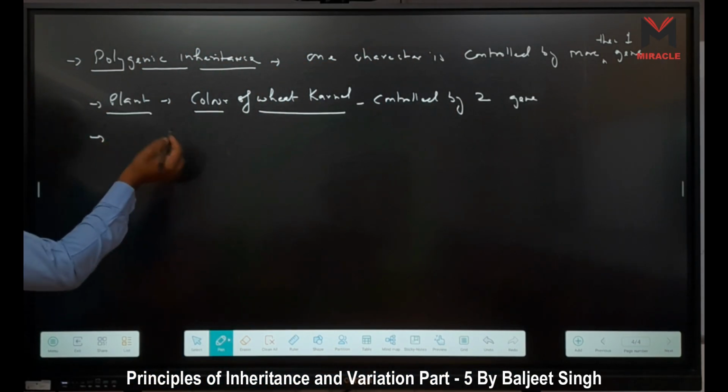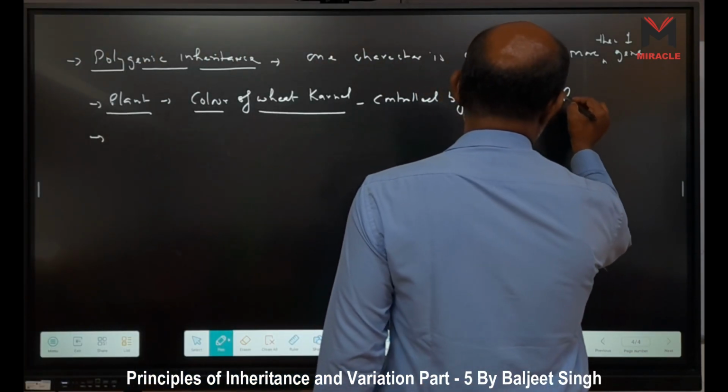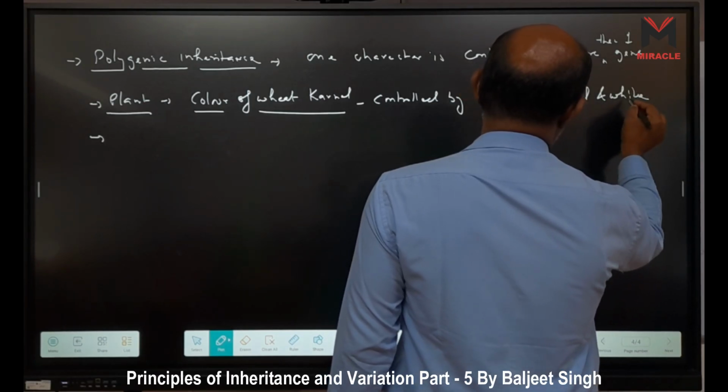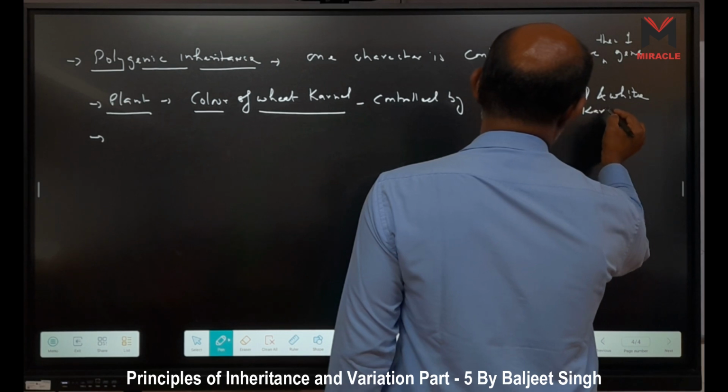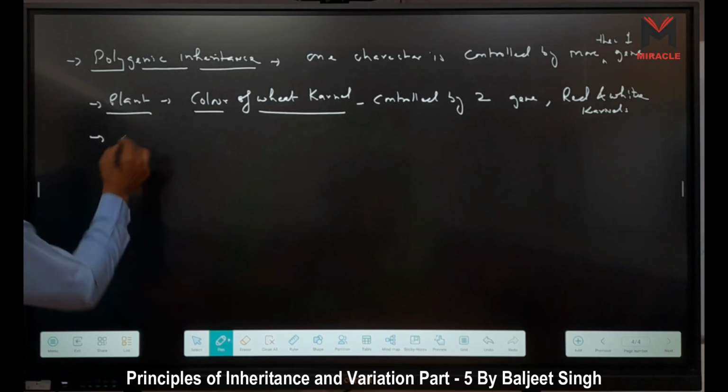Another is that red and white kernels. As for example, red and white kernels, right? And second is our skin color of human.